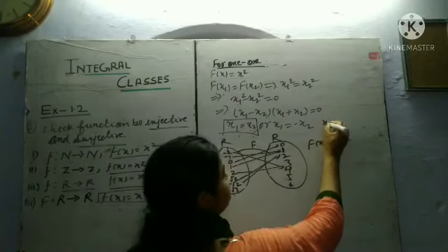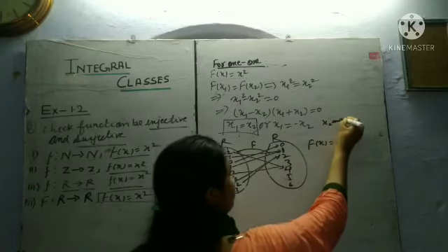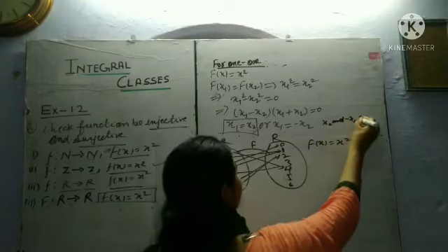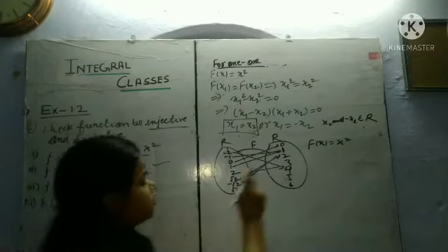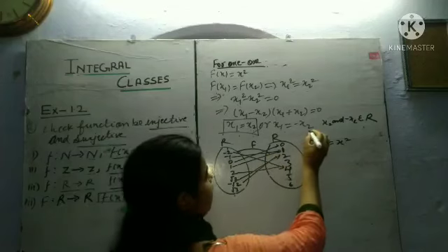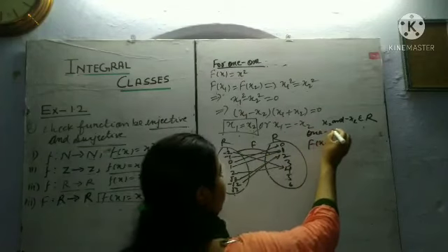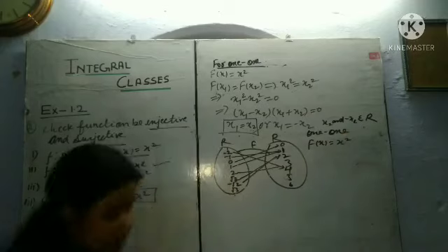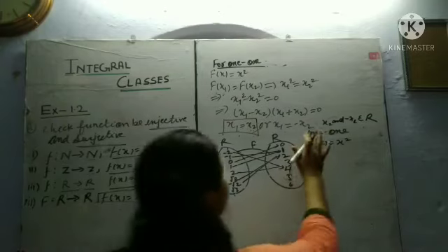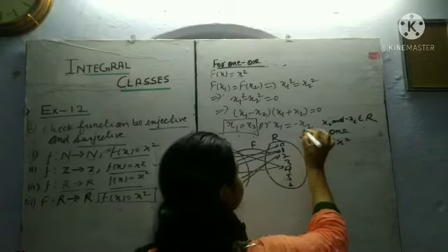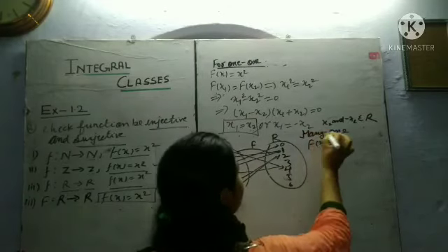Why? Because x2 and -x2 are elements of R. So the function is not one-one, it is a many one.